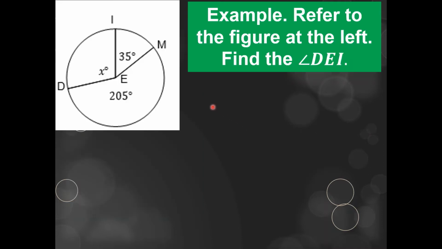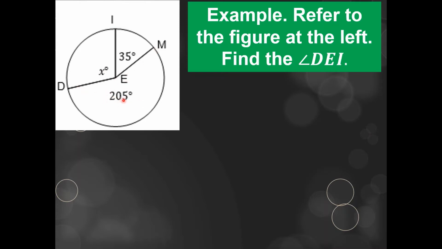An example of that statement is this one. We have here circle E composed of three adjacent angles: angle MEI, which measures 35 degrees, angle DEI measures X degrees, and angle MED measures 205 degrees.